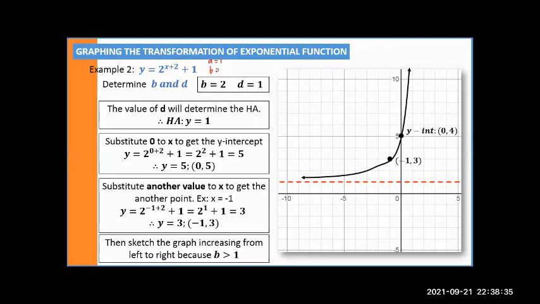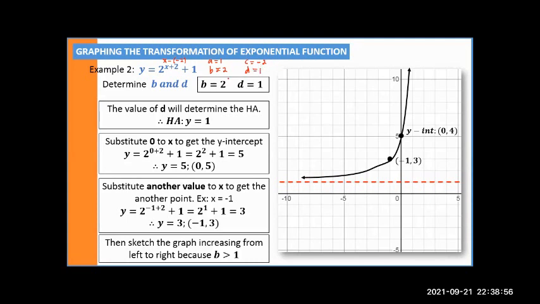Ang base natin ay 2. Then C natin is negative 2. Because this is positive, it is in the form of x minus negative 2. Kaya ang C ay negative 2. Then ang D is positive 1.